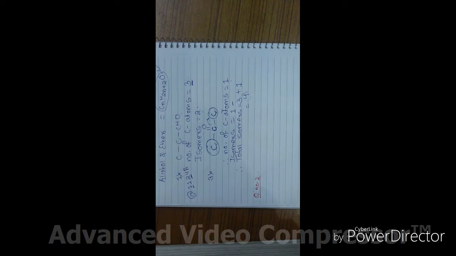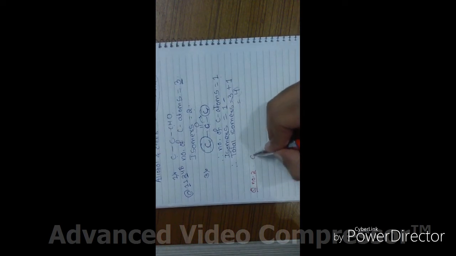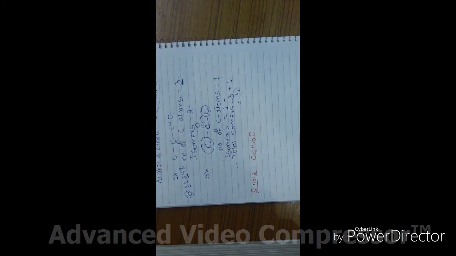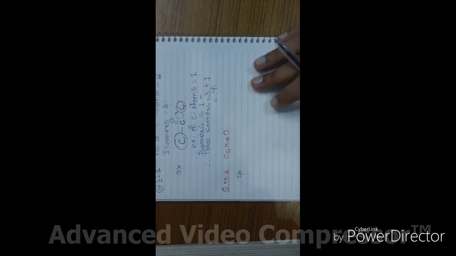So let's take another example. Question number 2: C5H10O. To calculate the number of isomers, first of all write down the aldehyde structure.